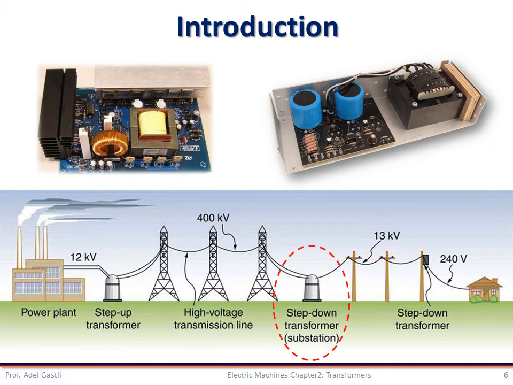At the end of the transmission, the voltage must be stepped down using step-down power transformers, which adjust the voltage to a lower level called medium voltage, which is about a few kilovolts. When we reach close to the low voltage consumers, this medium voltage must be stepped down further to a lower voltage of a few hundred volts for the distribution network.